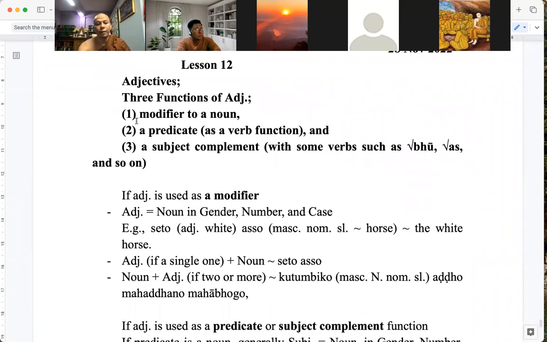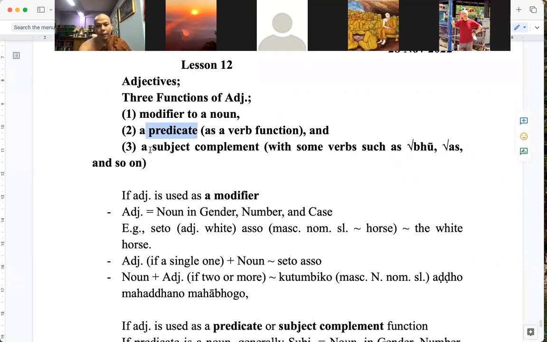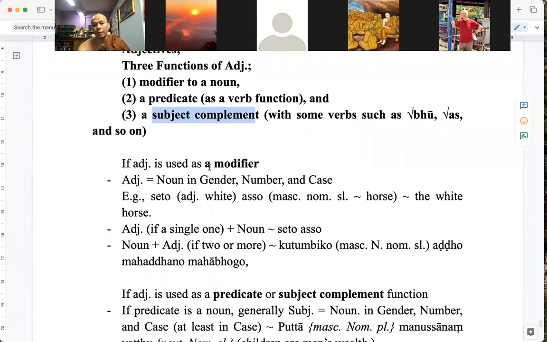So three functions of the adjectives: modifier of a noun, the predicate, and the subject complement. Using it as a modifier, it is the same as that noun in gender, number, and case. And if the adjective is a single one, the order is adjective first, noun later: Sido, aso.